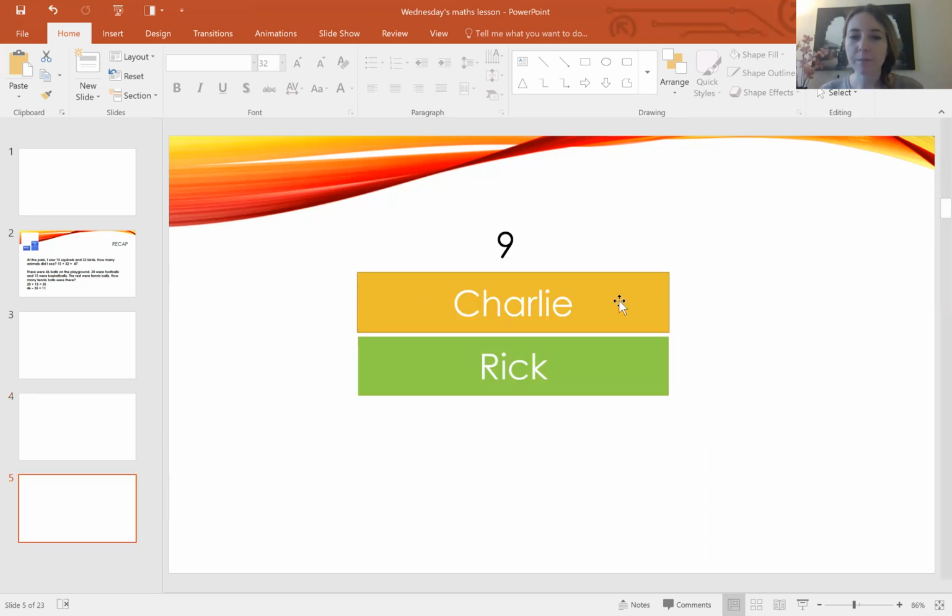So here I've got a bar for Charlie and here I've got a bar for Rick. This helps me to compare between Charlie and Rick. We know that Charlie had 9 books, so I've put a 9 above Charlie. I know that this amount is equal to 9.